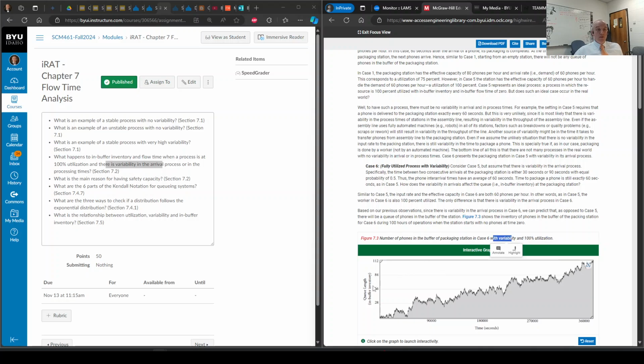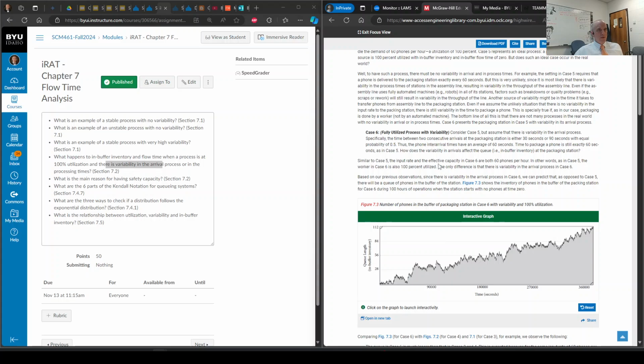Guess what happens to the in-buffer inventory in that situation, as this graph shows, right? Guess what also happens to the flow times? There is a very close correlation between the in-buffer inventory and the flow times in this kind of scenario. So you want to read up more about that and understand some of the more details in this section.